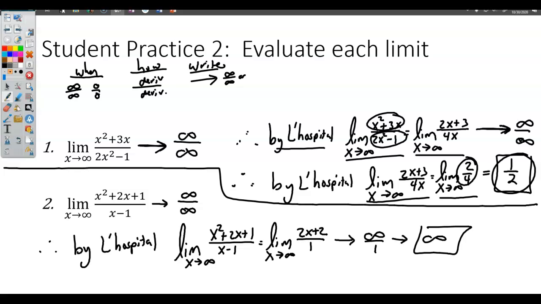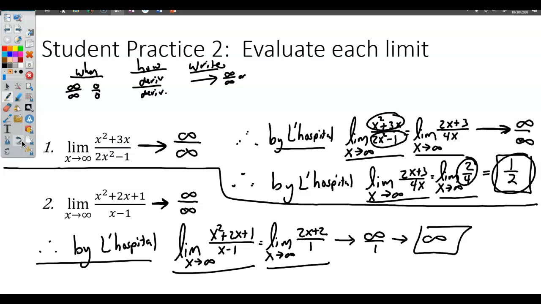Now for number 2, this one yields the indeterminate form. So by L'Hospital's, the limit of the original function is equal to the limit where you have the derivative of the top over the derivative of the bottom. This time, if we do direct substitution, I do not get an indeterminate form. I just get infinity. Now you guys will notice that I put arrows instead of equal signs.